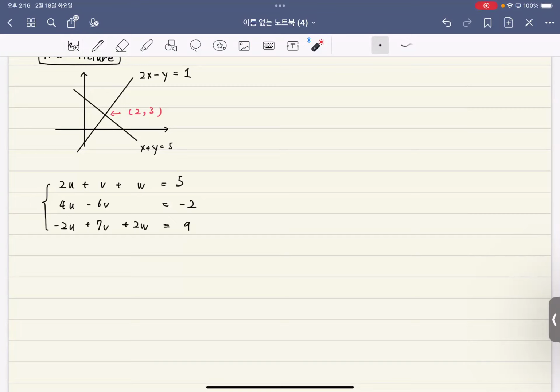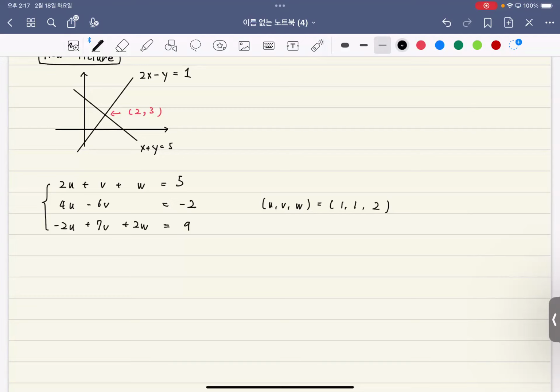I will not spend too much time drawing each of these 3 planes, but you can try to imagine the picture here. In this case, if you solve the question, then you're going to get 1, 1, and 2.